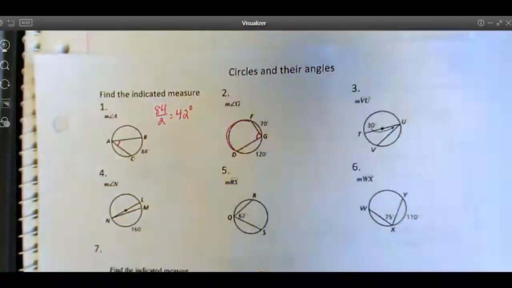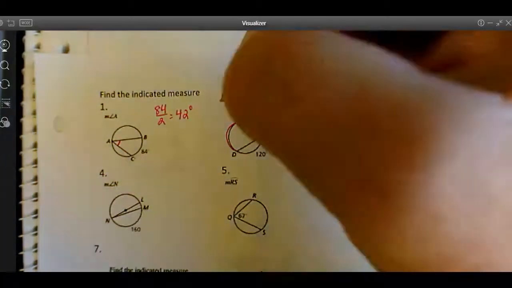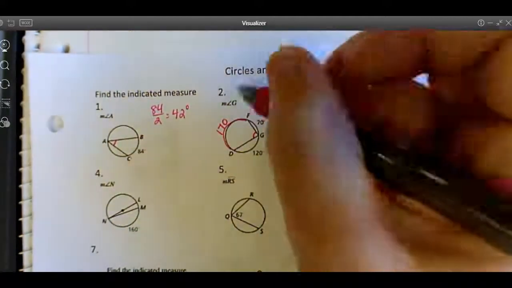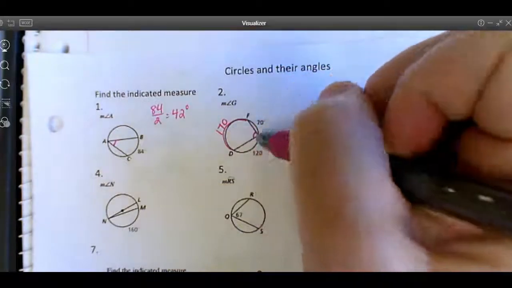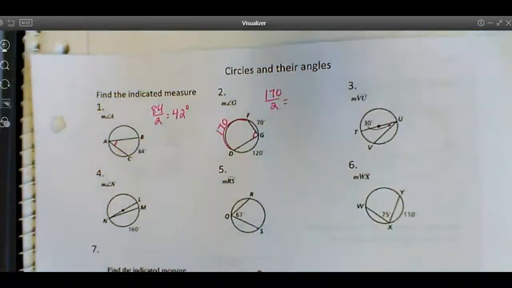So the rest of the arc is 360 minus that, because 360 is the whole circle. So I'm going to take 360, subtract 70, subtract 120. I get 170 for that arc. So to find G, which is across from it, again, you just divide by 2.